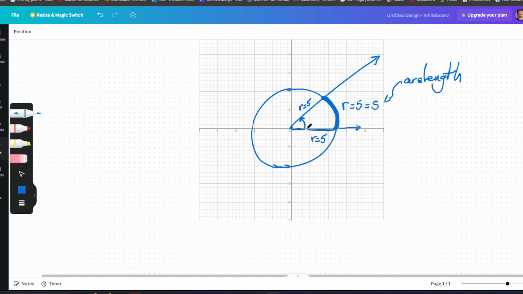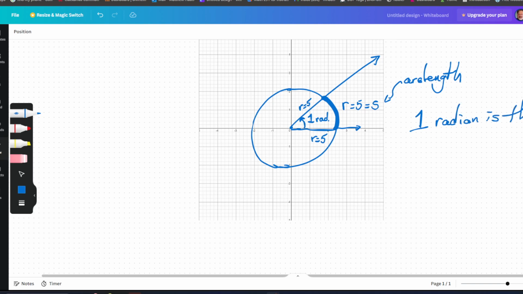The amount of angle necessary to make the arc length of the circle, it's called inscribed by the angle. We're going to call that 1 unit of measure, 1 radian. Abbreviate it RAD.